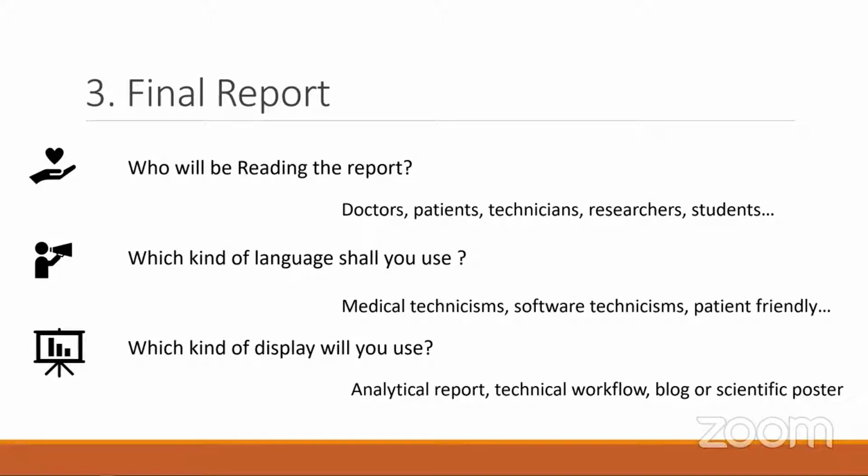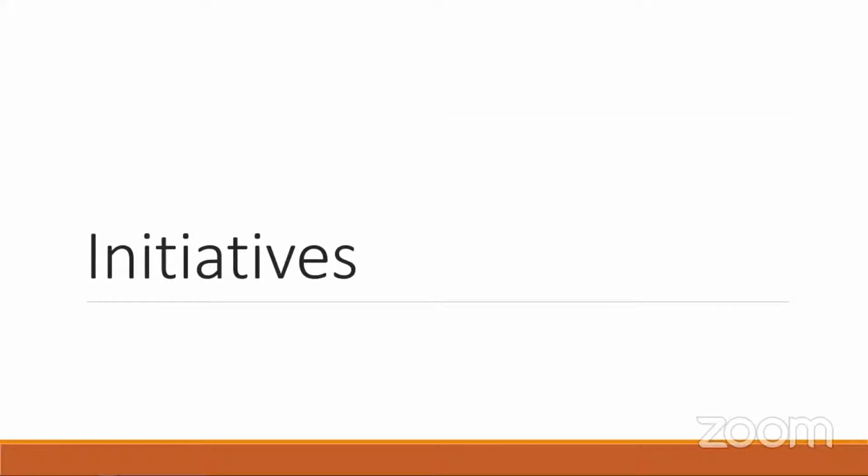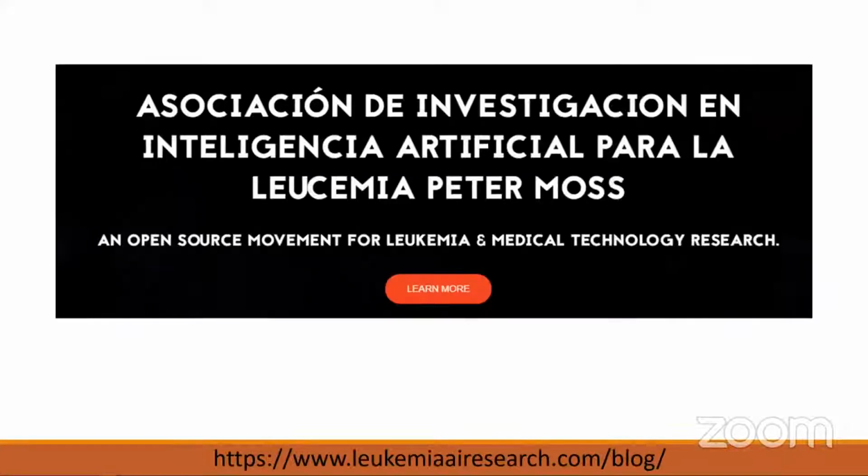So to put all this together one more time, I'm going to talk about a really nice initiative that started in 2018, which is a nonprofit association focusing on deploying AI solutions for leukemia. You can find their blog here underneath, and you can check all the work they are doing.